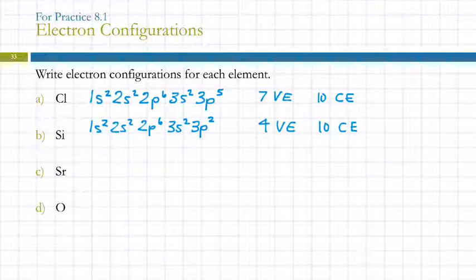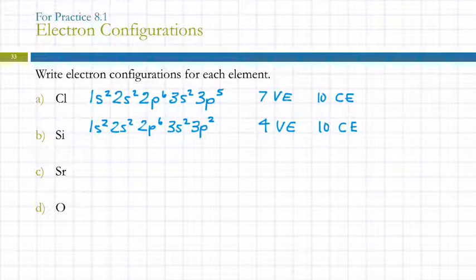Okay, strontium. What is strontium's? 5s2. Ends with 5s2. It should be jumping out at you on the periodic table. It's in row 5, and it's in the second column. That's the s block. It's in the second position.